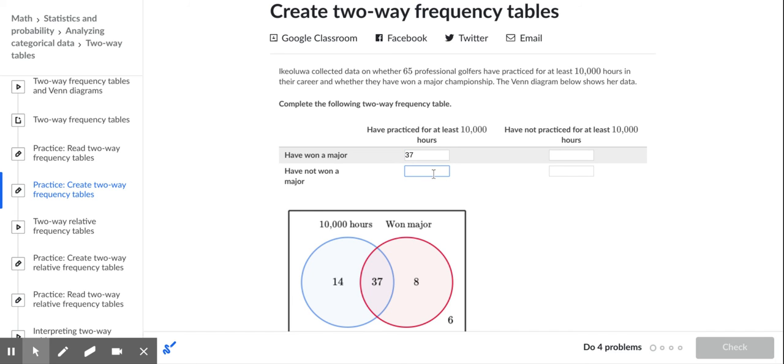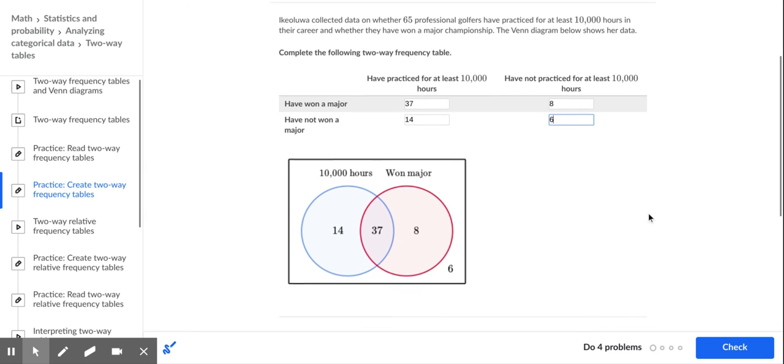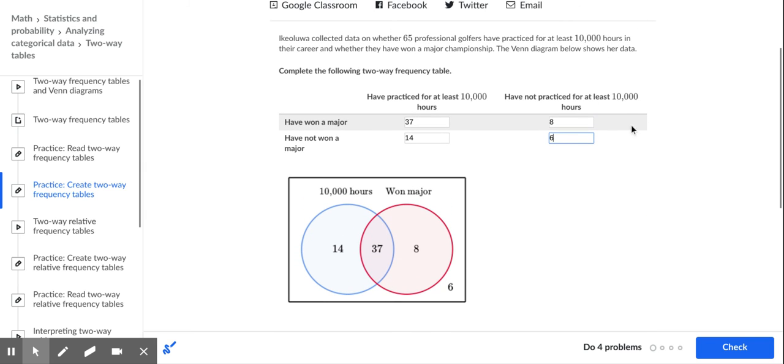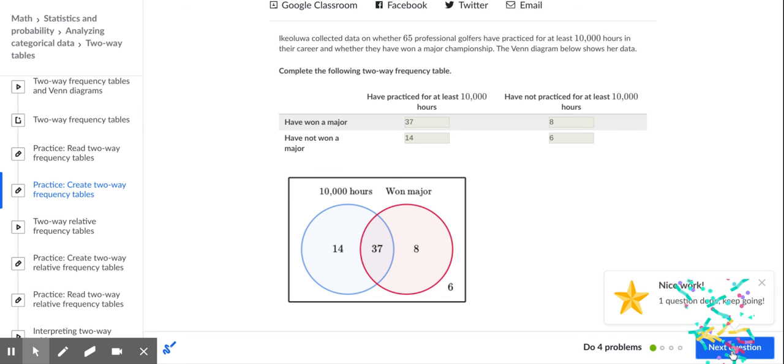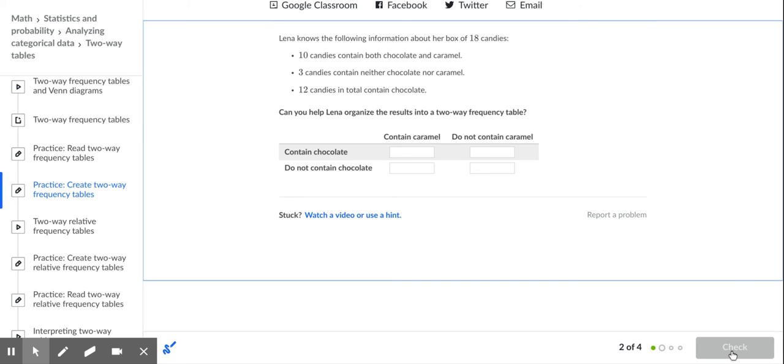So that's 14. Have not practiced for at least 10,000 hours and did win a major championship would be the 8. But if they haven't done either, that's this 6 here. And if you add those all up, that should give us our 65, but I'm not going to check because we don't need to. All right.